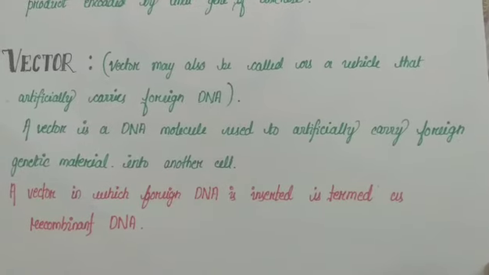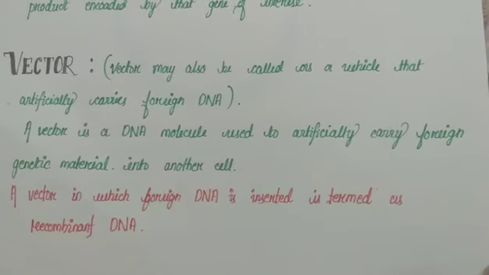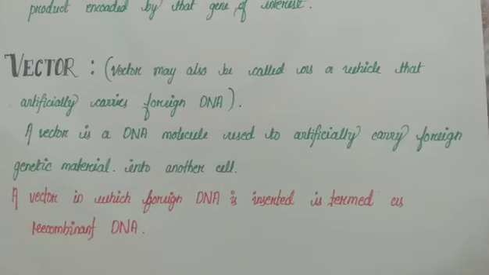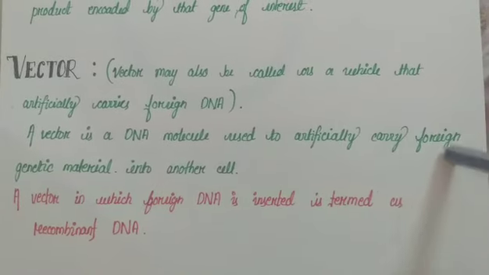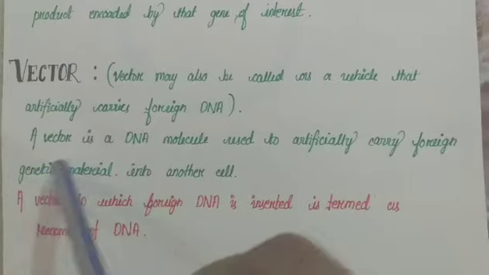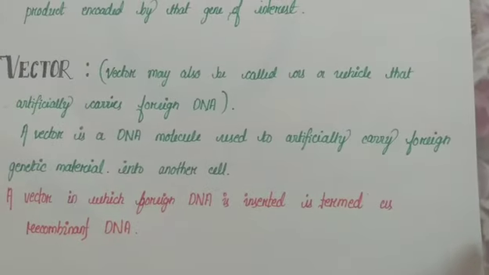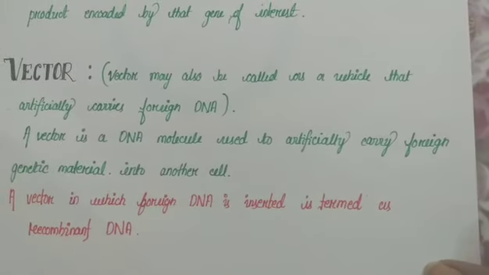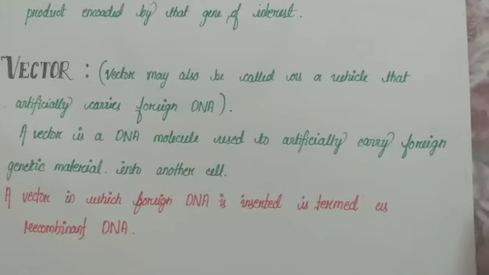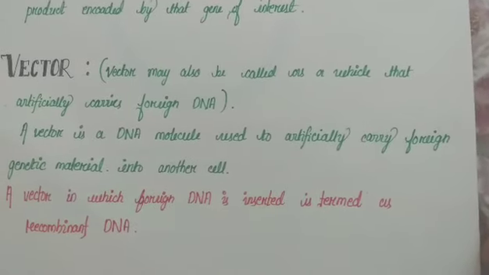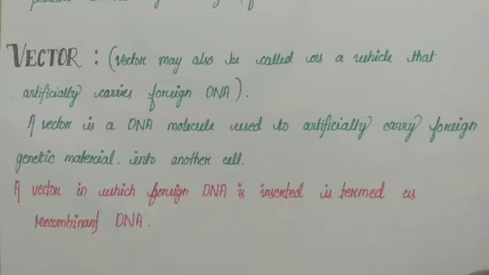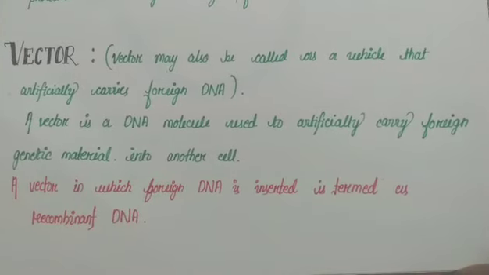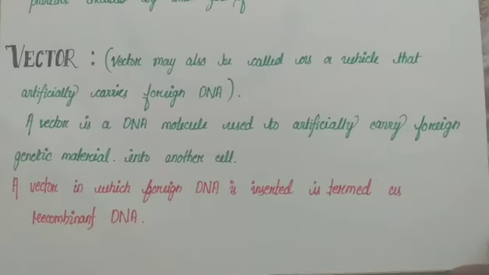So a vector is a vehicle, and what does it carry? It carries foreign DNA. So what is foreign DNA? For example, what do we understand by a foreigner? A foreigner is somebody who comes from another country.